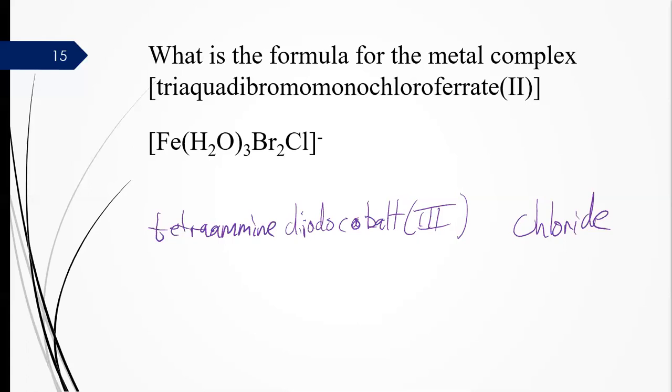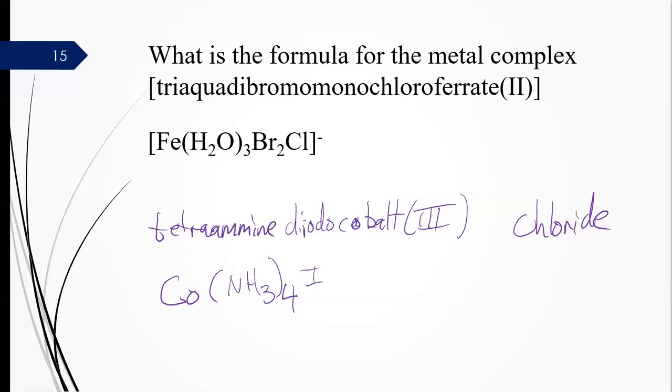So which one should we start with first for our formula? Cobalt. So start with our cobalt. From there, we can do either the iodo or the amine. I normally do my amine first. And so how many of the amines should we have? 4.